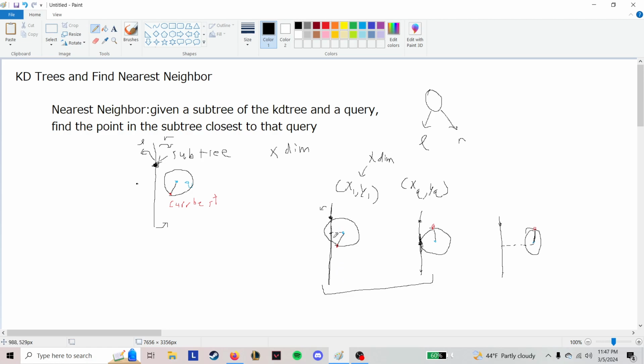So if I want this horizontal distance here, all I have to do is take the absolute value of xq minus x1, the horizontal distance from my query point to the point I split around, and I'd have to square that.